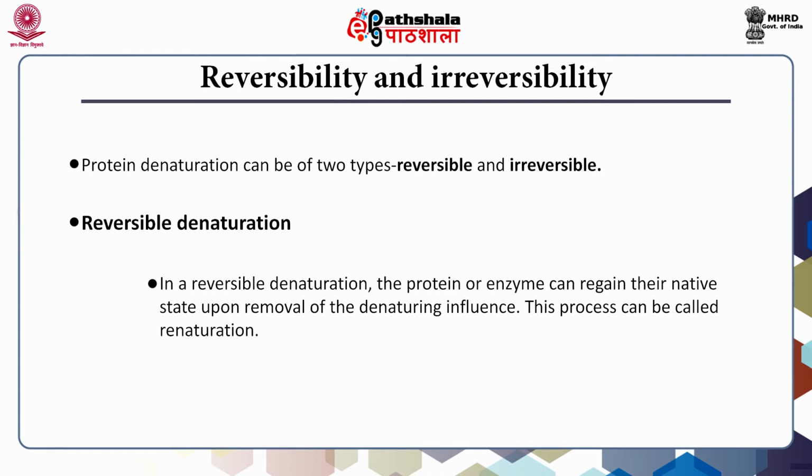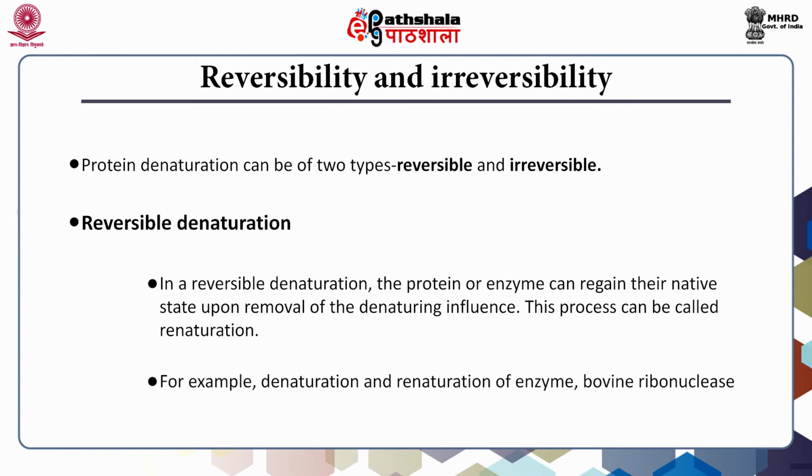The process is also called renaturation. For example, the enzyme bovine ribonuclease contains 4 disulfide bonds. When treated with beta mercaptoethanol and urea, the disulfide bonds are reduced to SH groups, thus denaturing the enzyme and leading to the loss of enzyme activity.